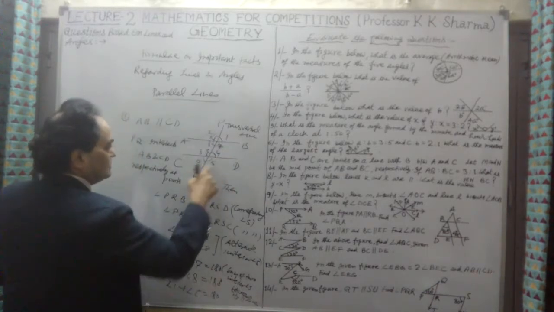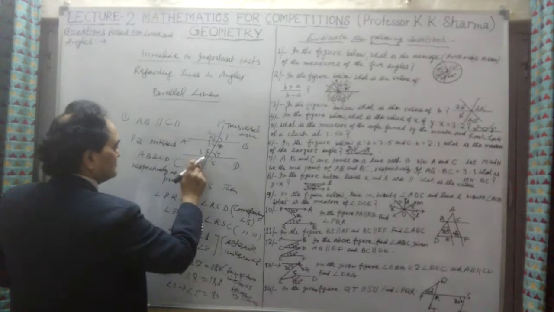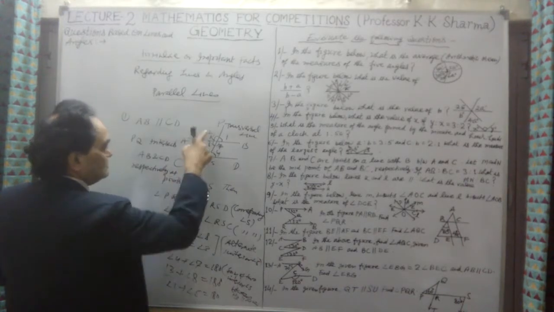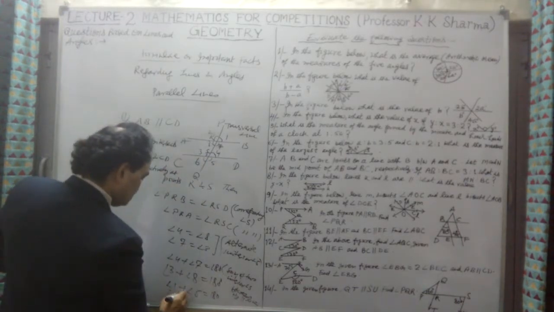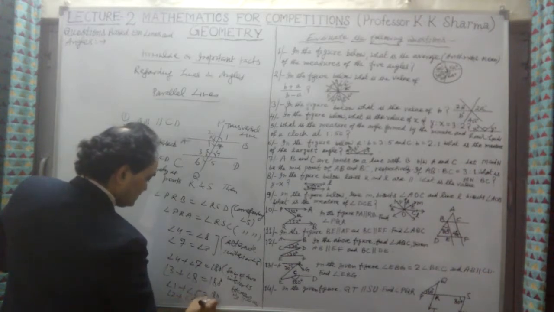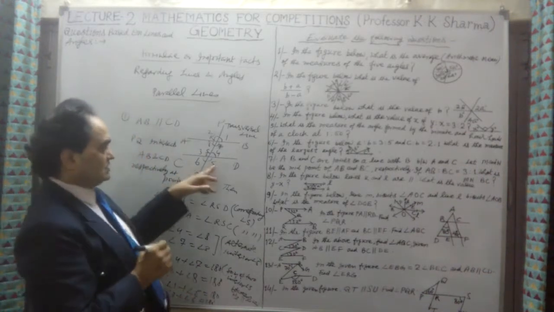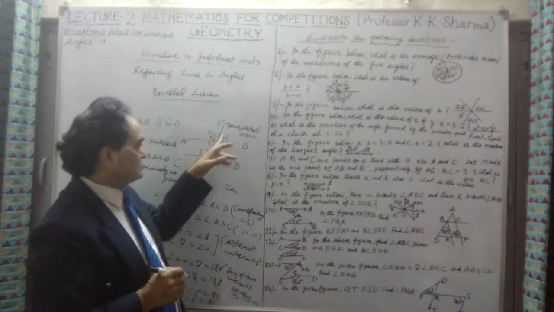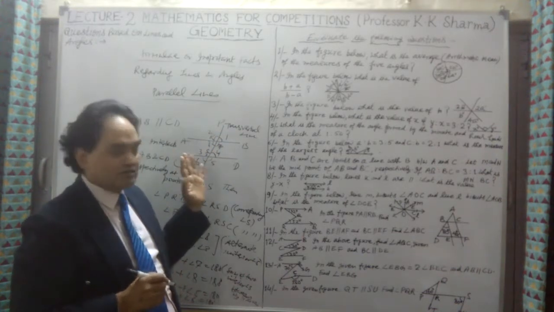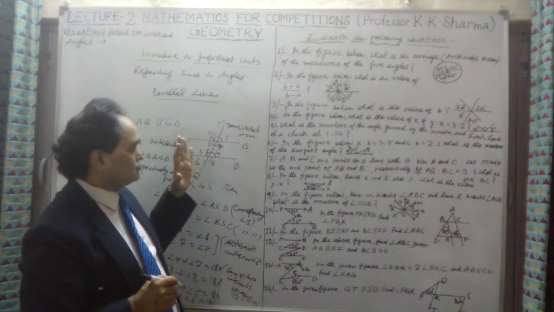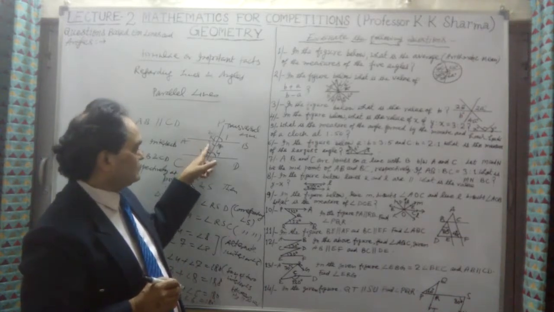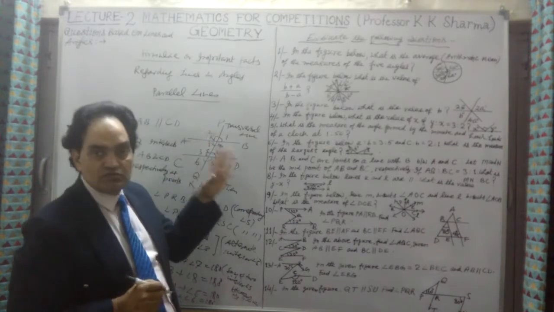Angle 6 plus angle 2 is also 180 degrees. Angle 3 plus angle 8 is 180. Angle 4 plus angle 7 is 180.